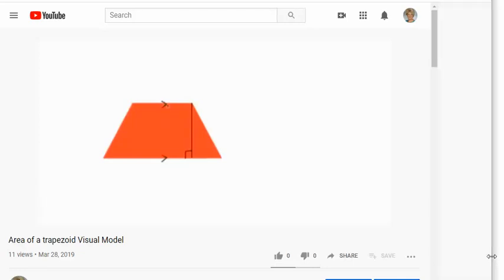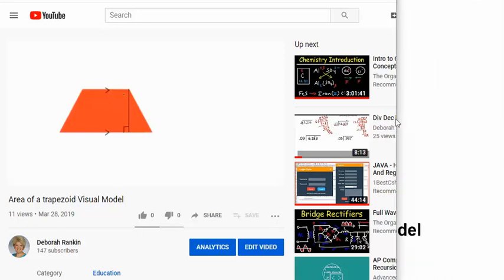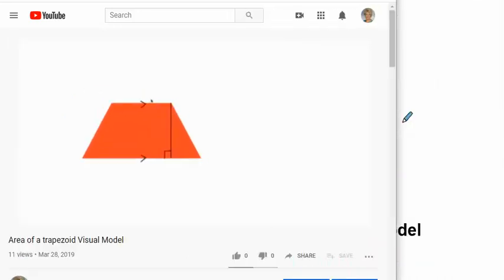It's got 4 sides. It's a quadrilateral, like I said earlier, and it has exactly 1 pair of parallel sides. These little arrows here mean that this side and this side are parallel with each other. So now let's label. Your parallel sides, you're always going to call those bases. And it doesn't matter which one you label which, but this top one, I'm going to call that B1 for base number 1, and this bottom for base number 2.